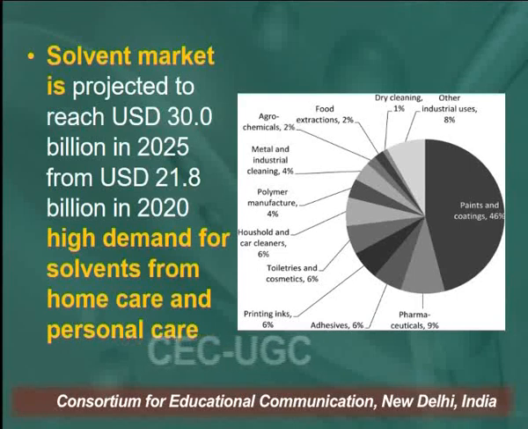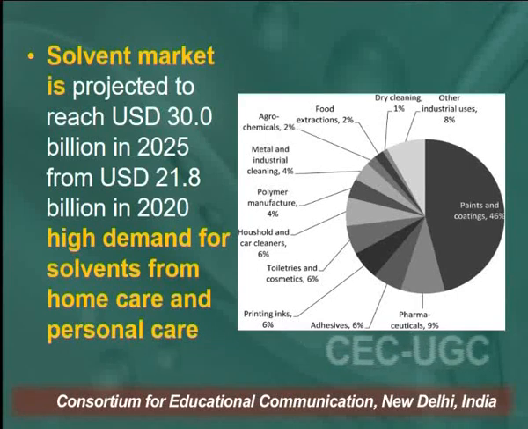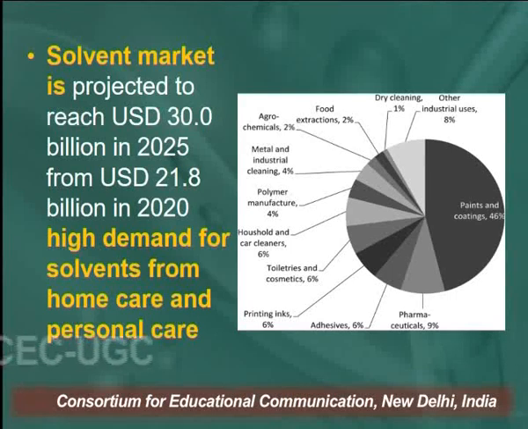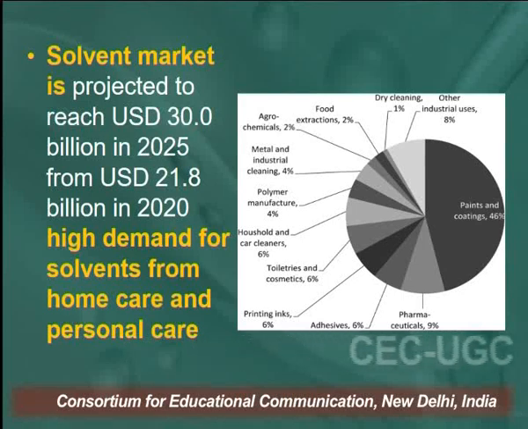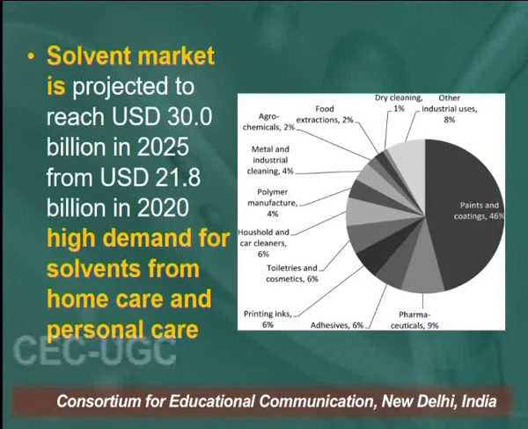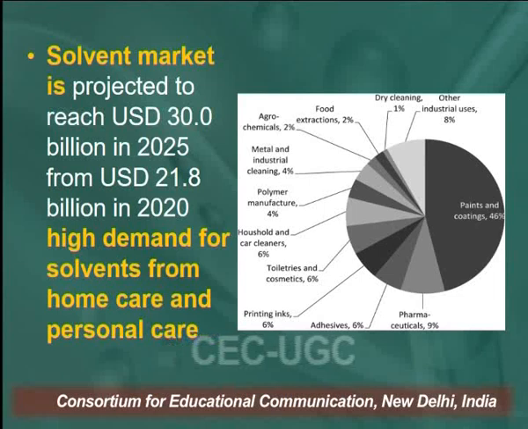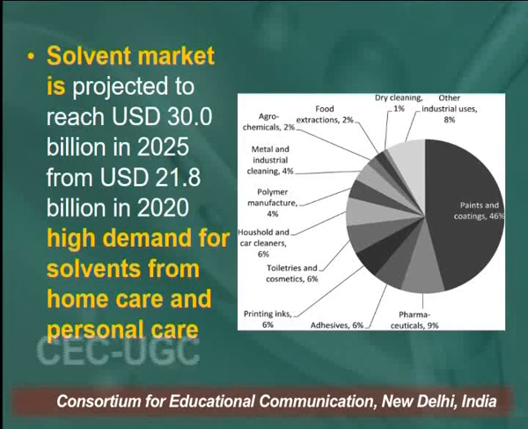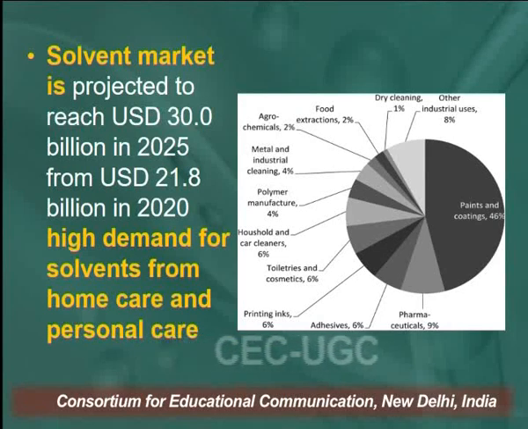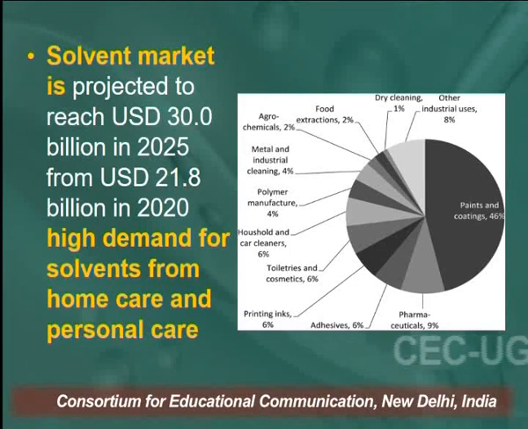You can see on your screen there is a pie chart where in the painting and coating industry, 46% of solvent is required, and similarly in agrochemical industries we require 2%. Similarly other industries, you can see the percentage of solvents required during the industrial process.